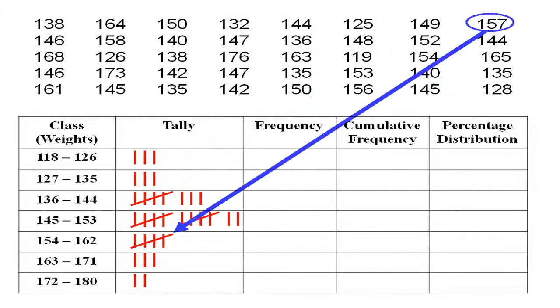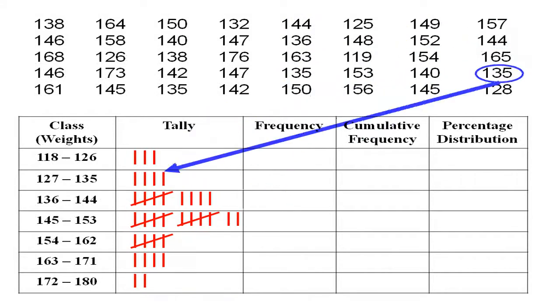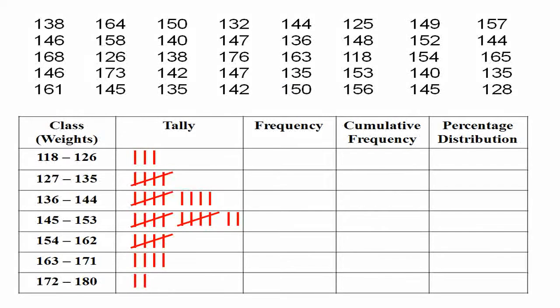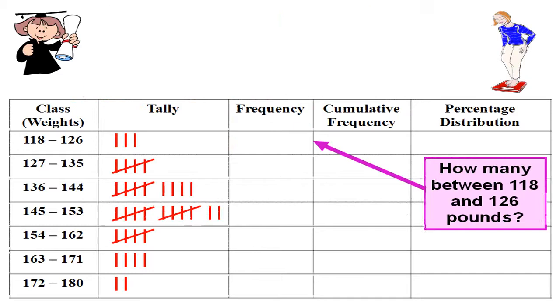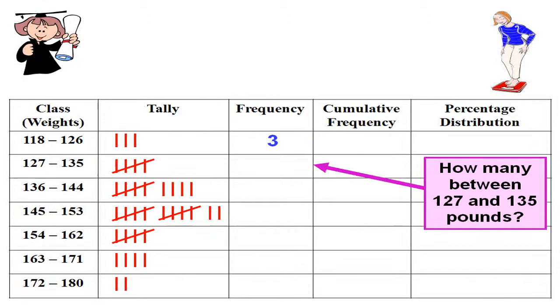And the count for each class is going to become its frequency. Okay? So all I did was count them, and now, how many tallies do I have for the first one? 3. So your frequency for the first one is 3. See that? What about the second one? 5.